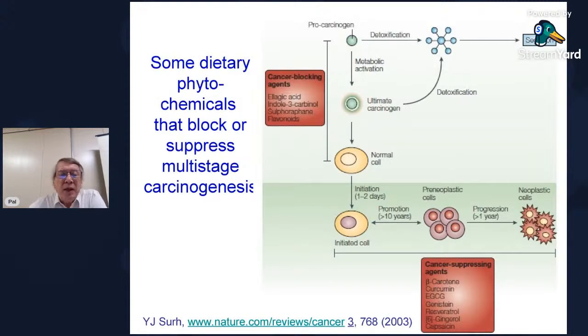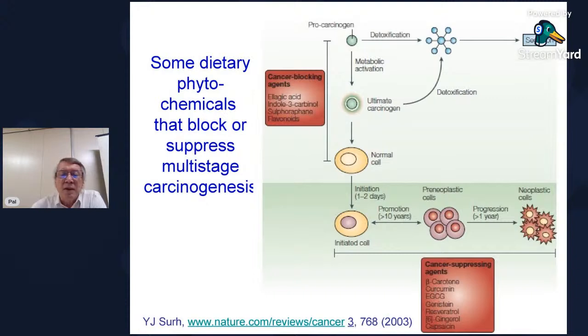Let's see some dietary phytochemicals that block or suppress multi-stage carcinogenesis. Among them, the cancer-blocking agents are ellagic acid, indole-3-carbinols, sulforaphanes, and the flavonoids. In this lecture, obviously, we are going to concentrate on flavonoids.